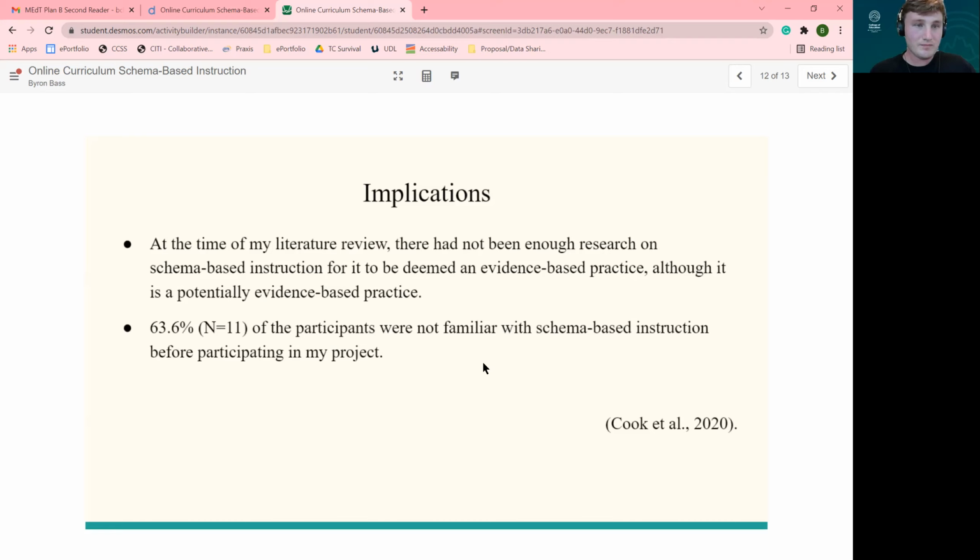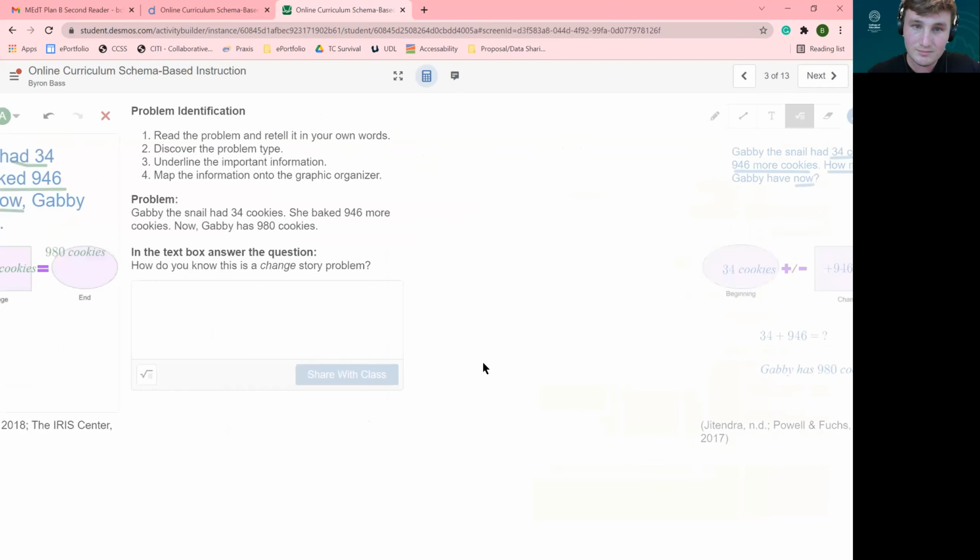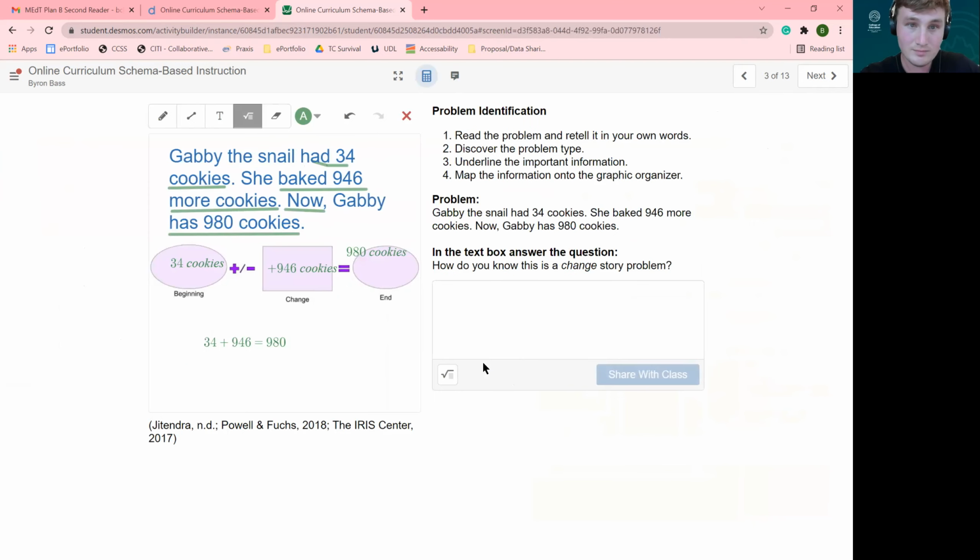One, they're learning not just the keyword strategy, which keywords are great. And you used keywords when you were giving us the demonstration. Go back just a couple of slides, because when you were underlining, you used a keyword, that she baked more cookies, now she has. So those are great keywords.